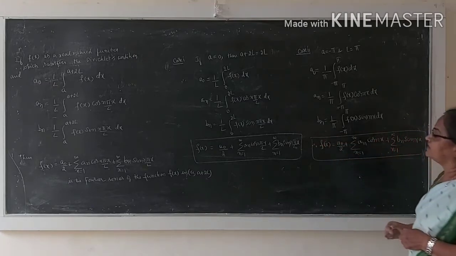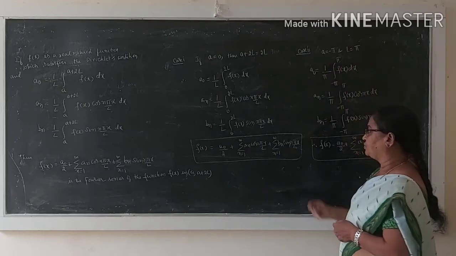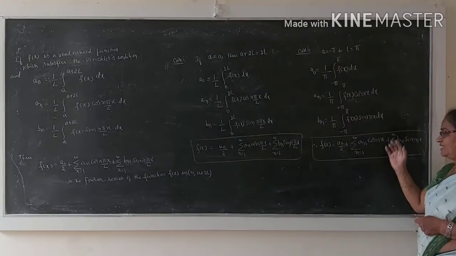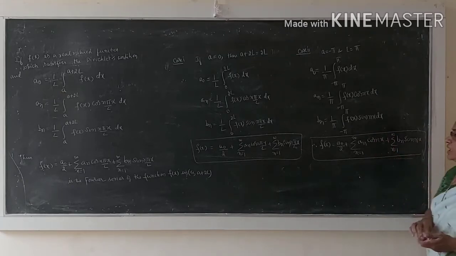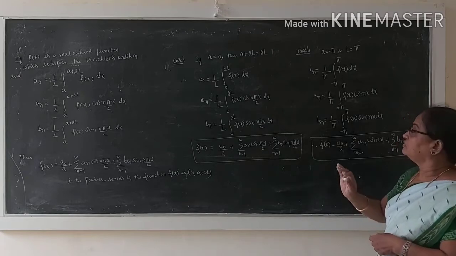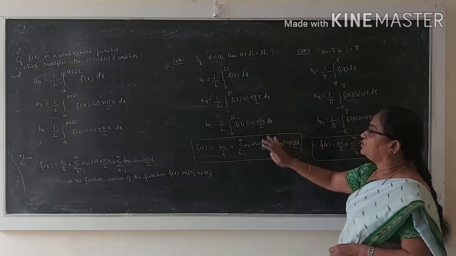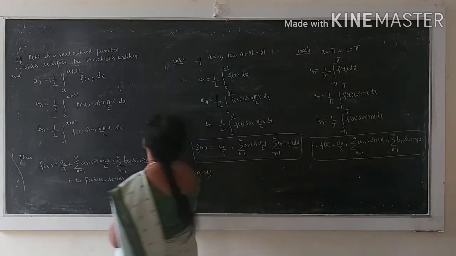You observe this: when I substitute a = -pi and L = pi, in place of cos(n pi x / L) we get only cos nx and sin nx. I am just deducing the result by substituting these values of a and b.